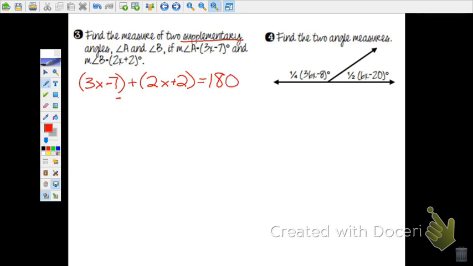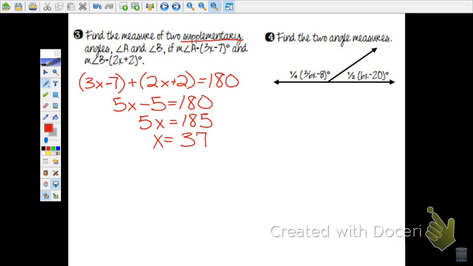So I combine like terms, 5x minus 5 equals 180. Add 5 to both sides, 5x is 185. Divide by 5 to find that x is 37.